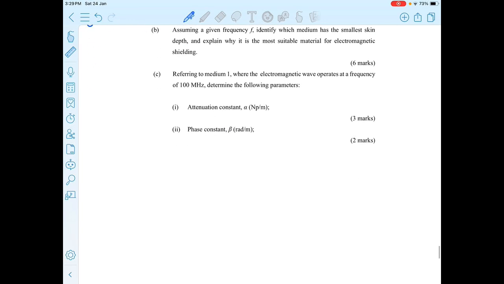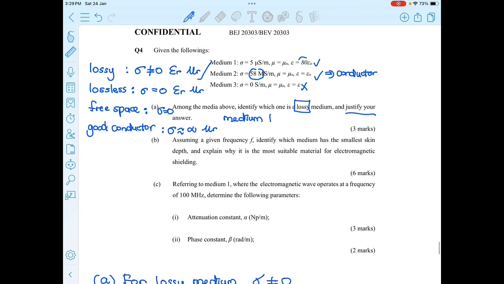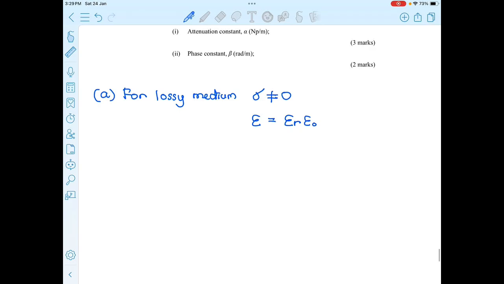You have to explain and justify why you say so. For a lossy medium, the conductivity is not equal to 0, epsilon is epsilon r times epsilon naught, and for mu, it is mu r times mu naught.